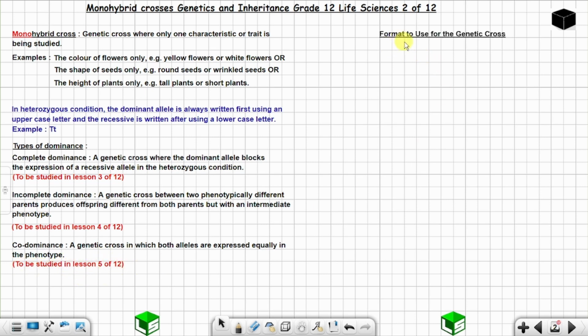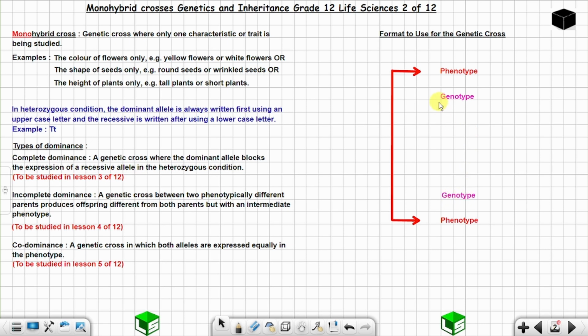Now, let me show you the format to use for the genetic cross. You always start with the phenotype and end with the phenotype. In between the phenotypes, you are going to have genotype and genotype.